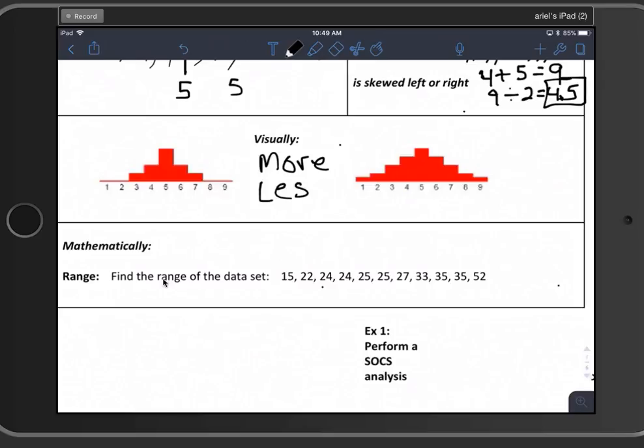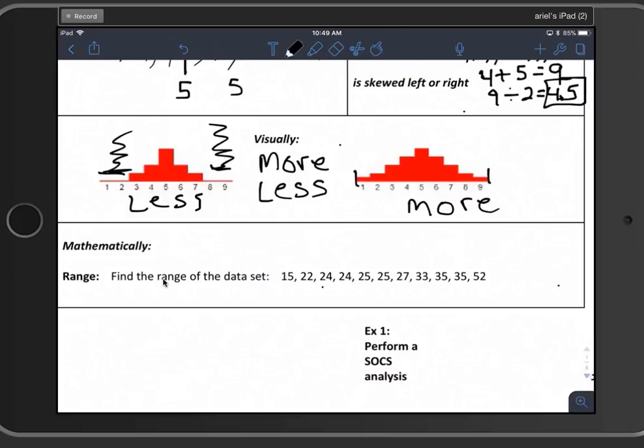Okay, hopefully you were able to figure out which one is more or less. This one has so much room over here that it is not spread very much. So this one has less spread. And this one, there's really no room anywhere. So it's spread all the way over here, all the way over here, so it has more spread. And that's all I'm going to ask you on the test. So which one is less and which one is more?